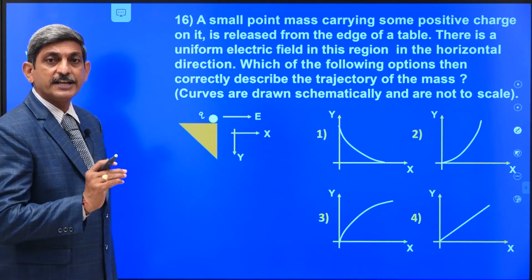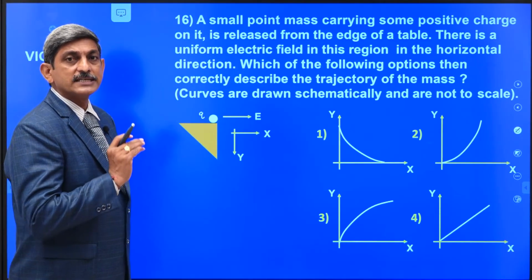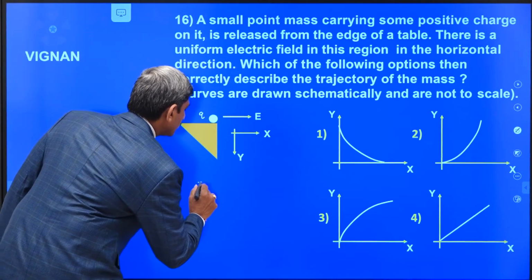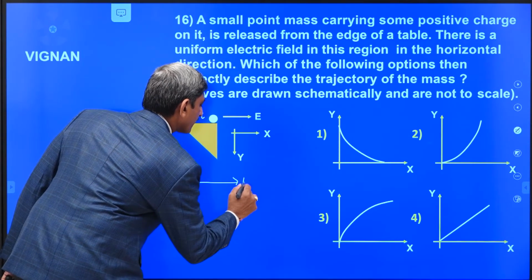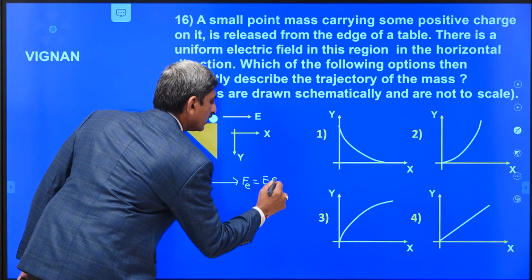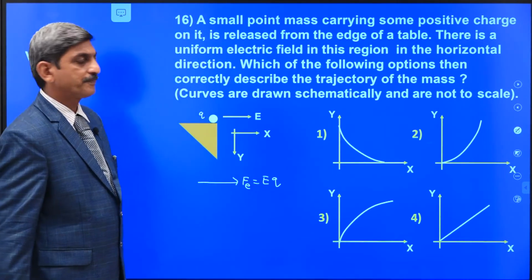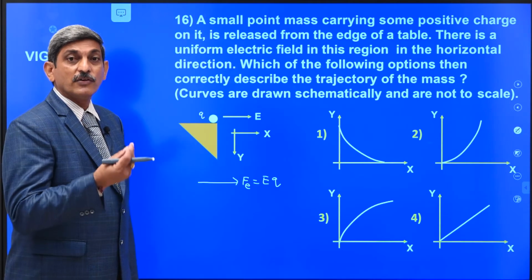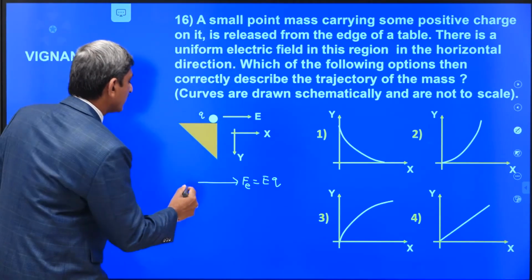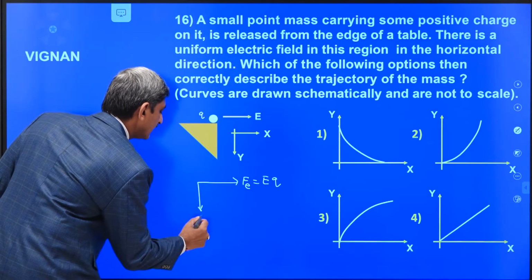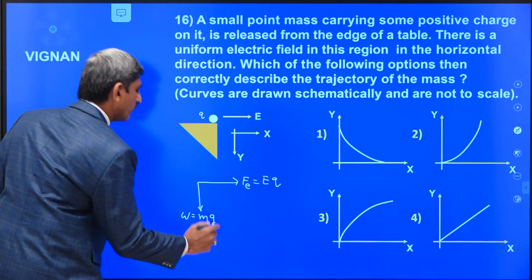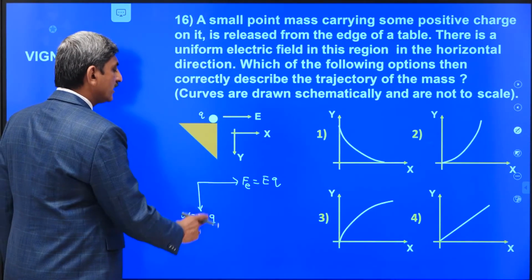Already we know that whenever there is a positive charge in the electric field, some force acts in the direction of the field. That's why the force due to the electric field is also acting in the direction of the field, which is given by the formula Fe is equal to Eq. And also we know that whenever there is a particle, the gravitational force always acts on the particle in the vertically downward direction. This is mg, which is the weight of the body. So mg is acting vertically downwards.